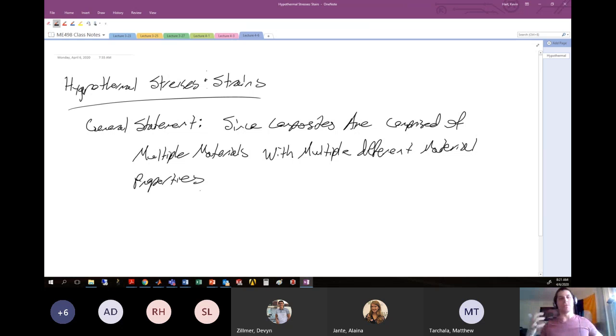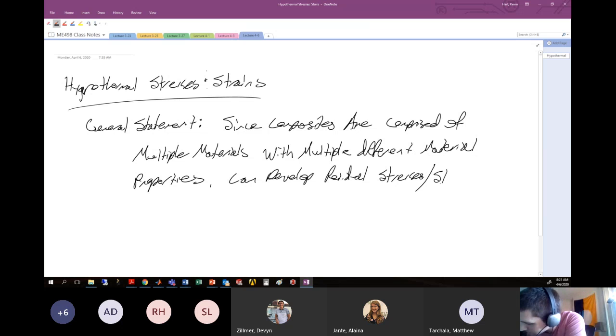we can have residual stresses and strains that develop from a variety of factors. Okay, I've talked about thermal factors up until now, but there are others.